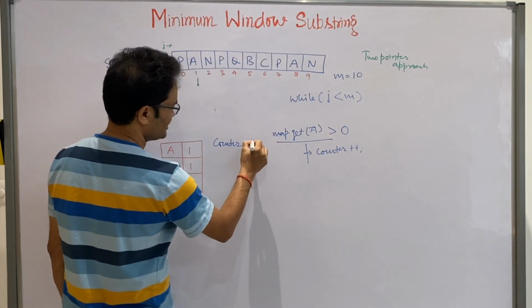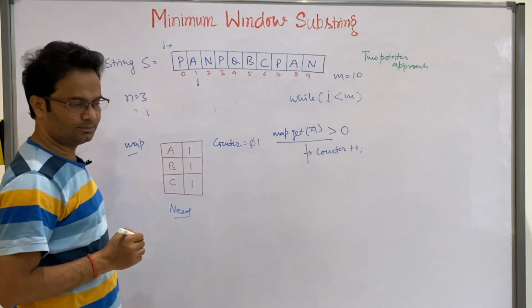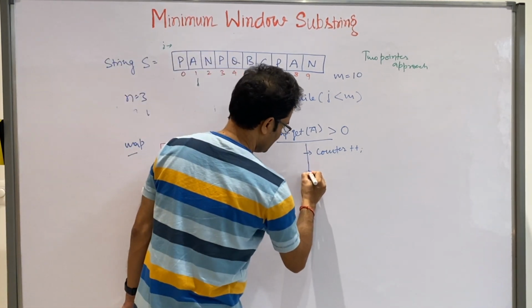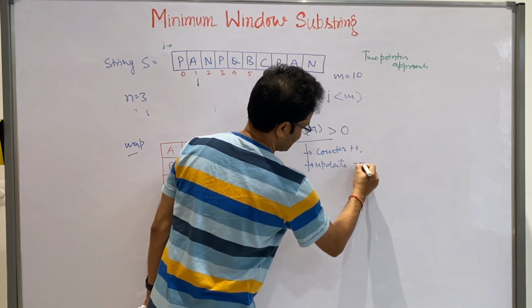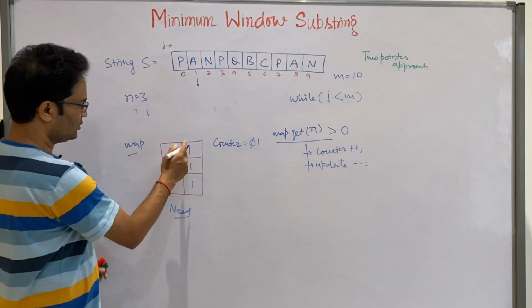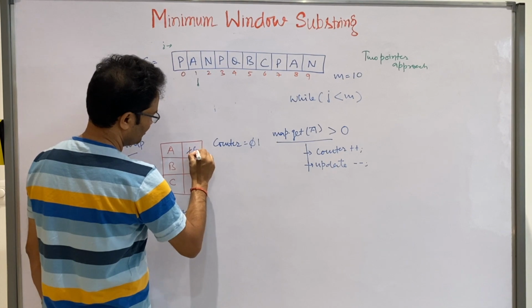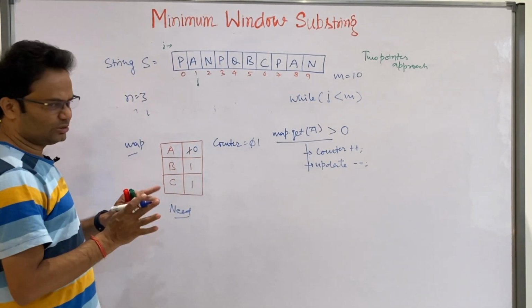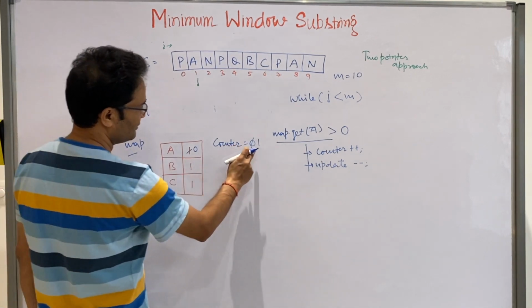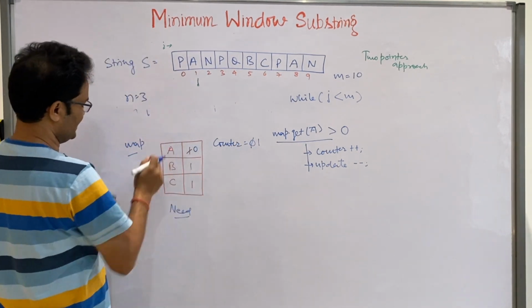So in this case, this counter becomes 1, and also update the map with minus, means it was the 1, now it becomes 0. Two things you have to do. So now the counter is 1 and J is here.